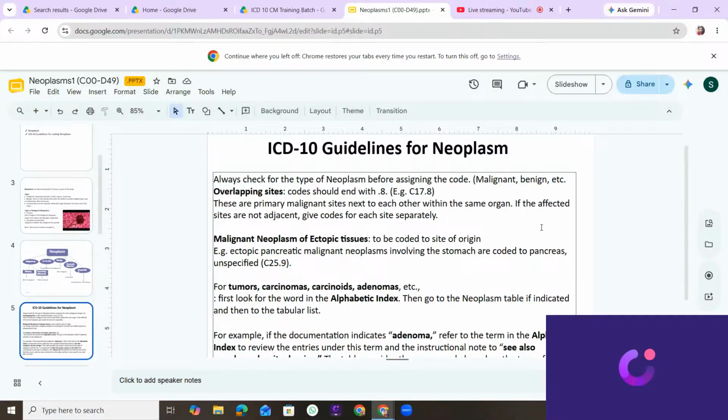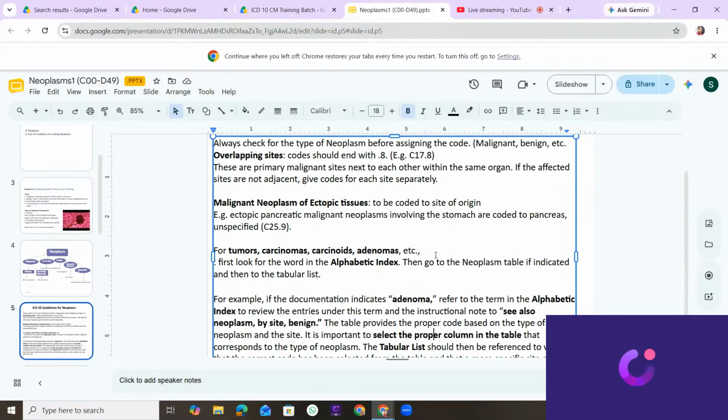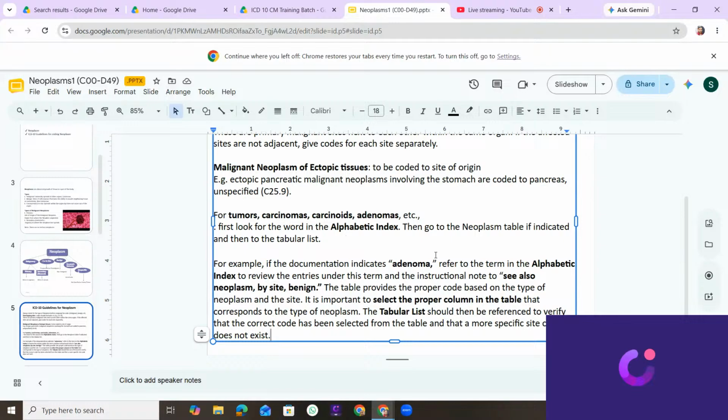For example, if the documentation indicates adenoma, refer to the terms in the alphabetic index to review the entries under these terms.